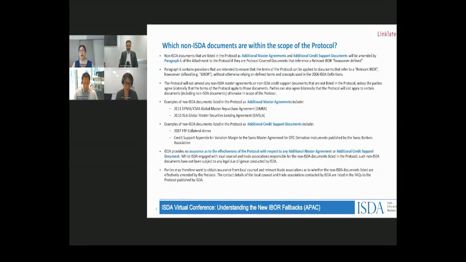So if anyone has further questions, wants to engage that counsel to look into something in more detail, or needs some extra comfort about how the protocol would be legally effective, or any further steps they need to take to make sure everything is in order, you can look up that list on the ISDA website and reach out to that counsel yourself to get some extra advice if you need to. Thank you.